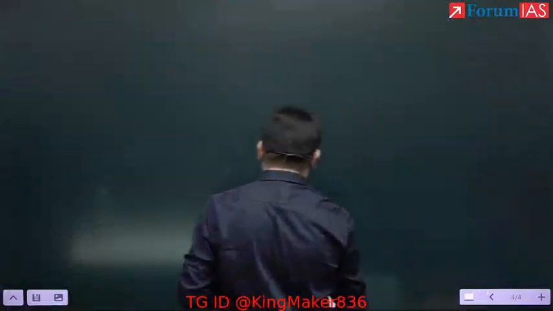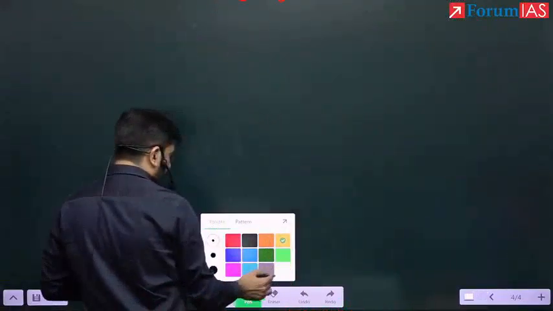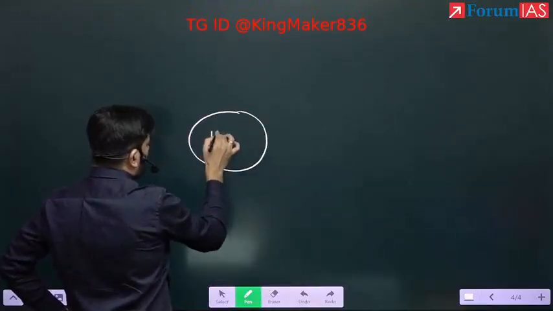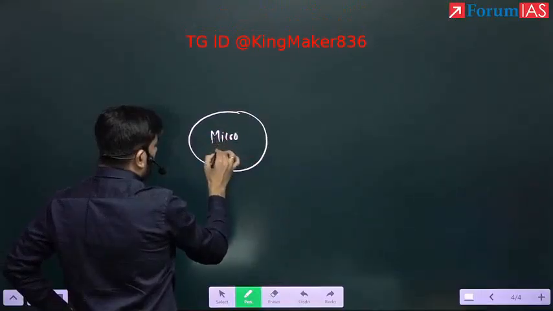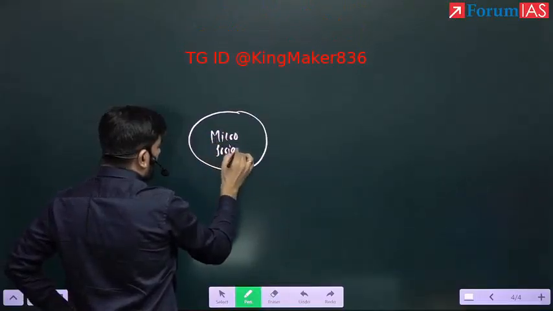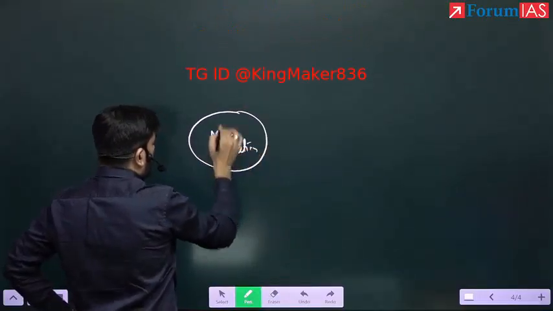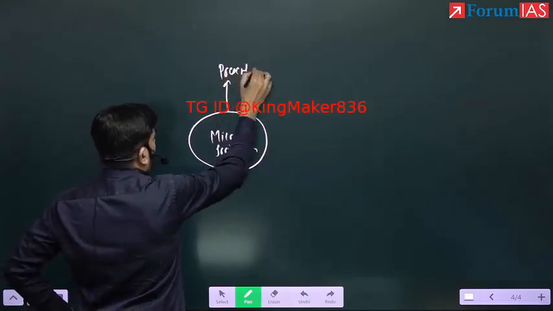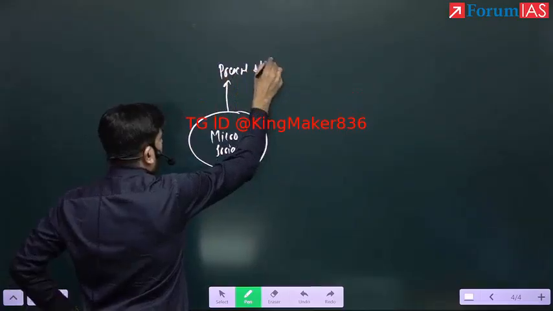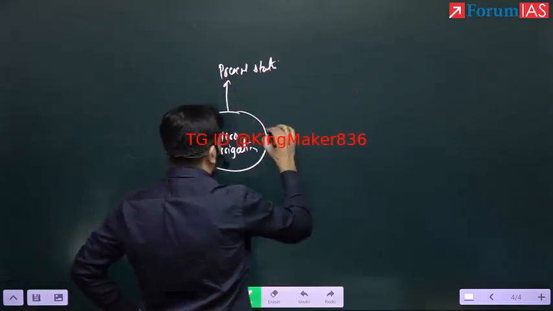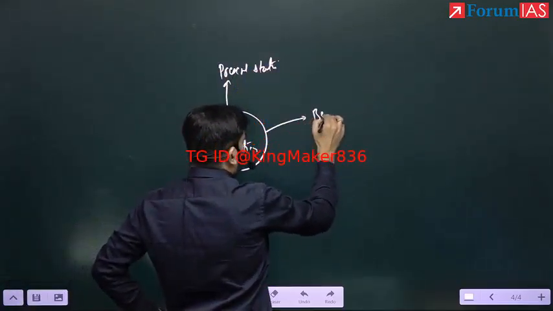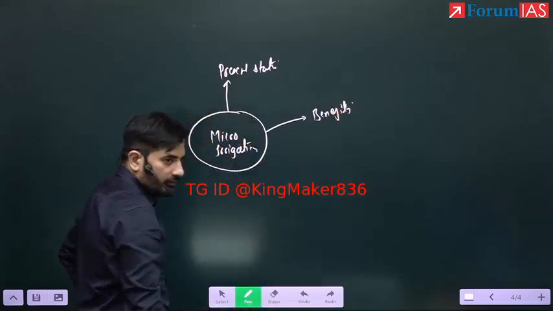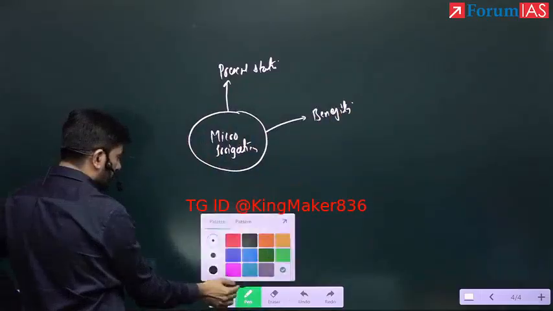For micro irrigation, the first thing is the present status of micro irrigation. Second one is benefits of micro irrigation.